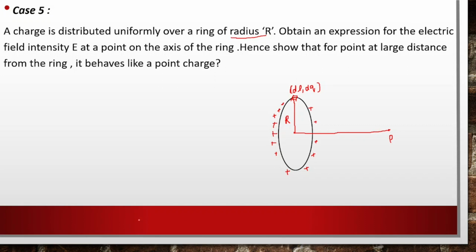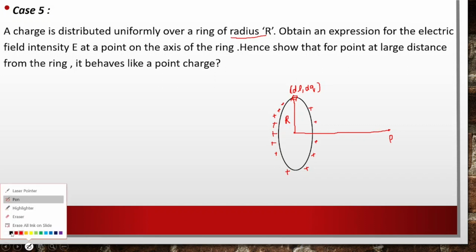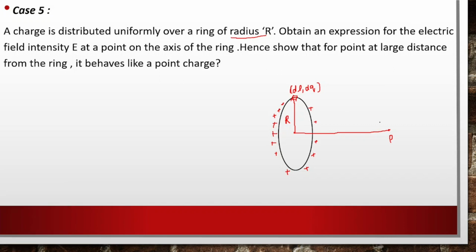Now let's join this length element to our point P. Due to this length element dl, an electric field dE is experienced at point P, which has a direction like this. dE.